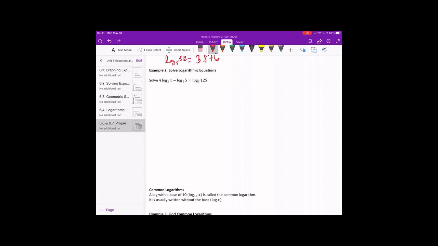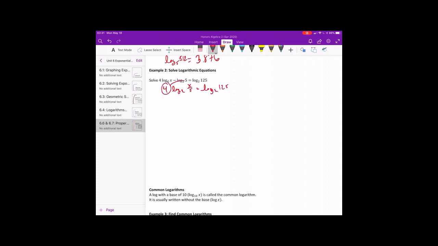And so, what we get here, right, this is a division problem, right? And so we're going to get 4 log base 2 of x over 5 is equal to log base 2 of 125.